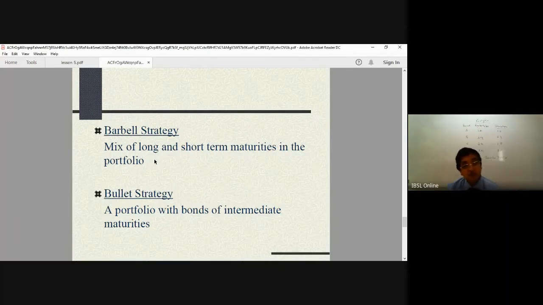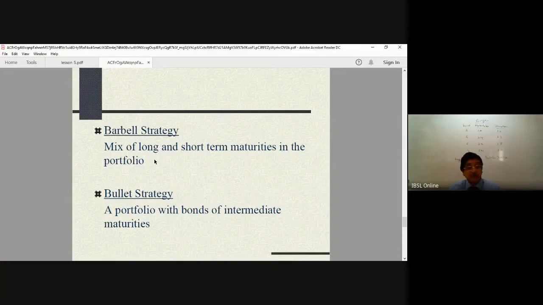Now, in different organizations, different portfolio managers follow different strategies. That depends on the portfolio manager's attitude or task. There is another strategy called the bullet strategy.